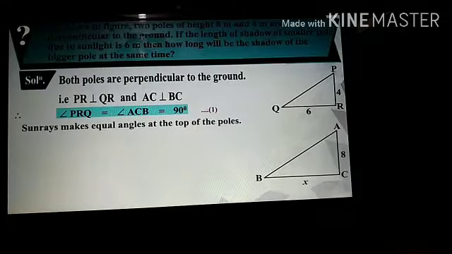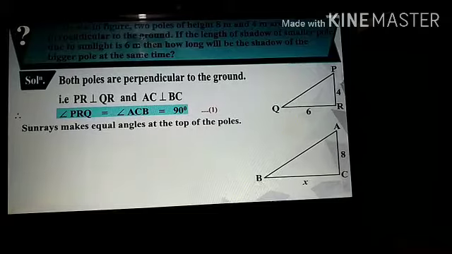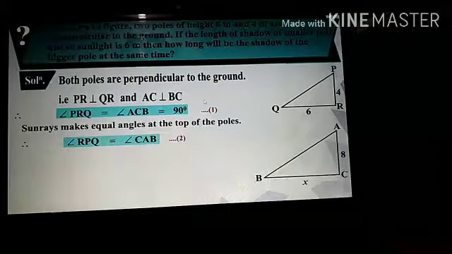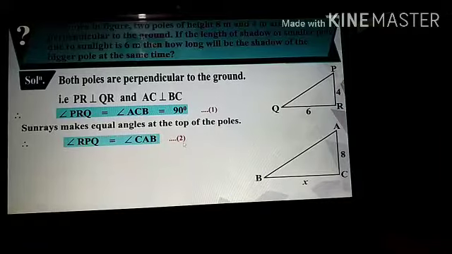The sun rays make equal angle at the top of the poles. So we can say angle RPQ and angle CAB are equal to each other. So I name them as point 2.